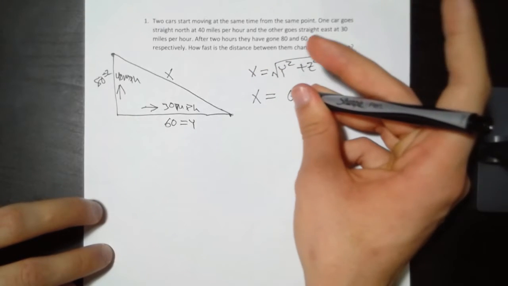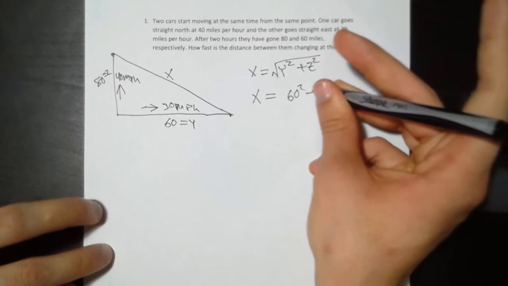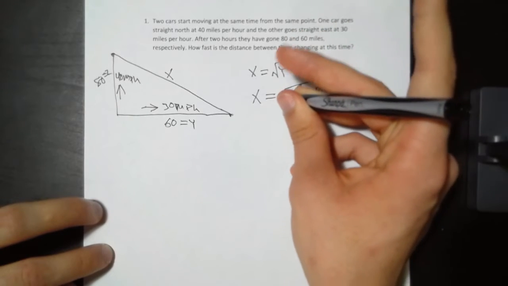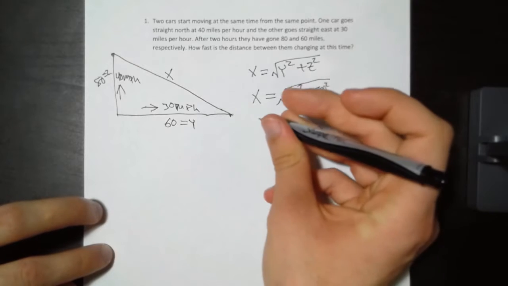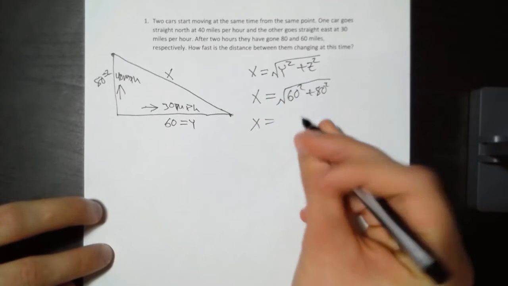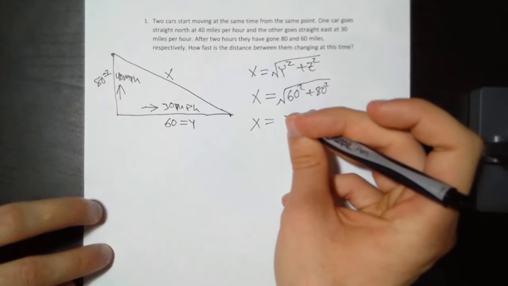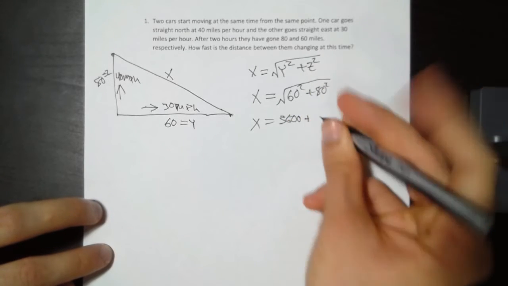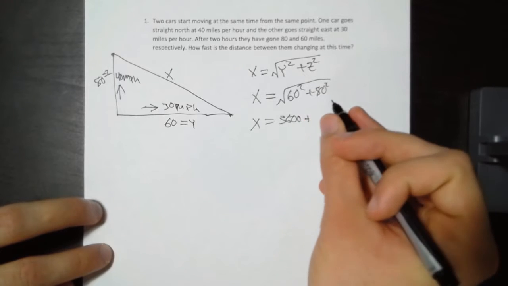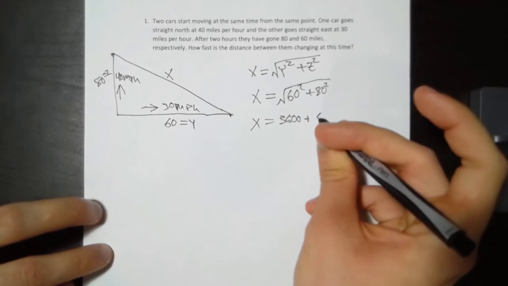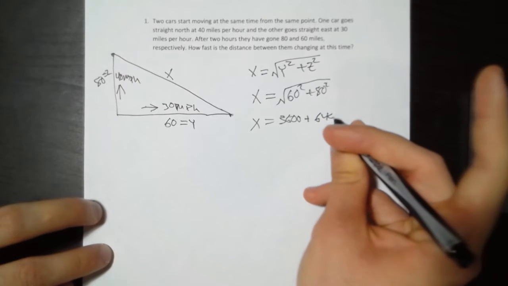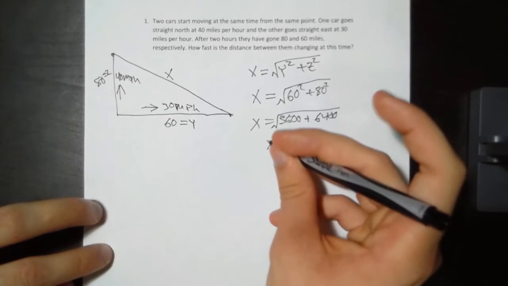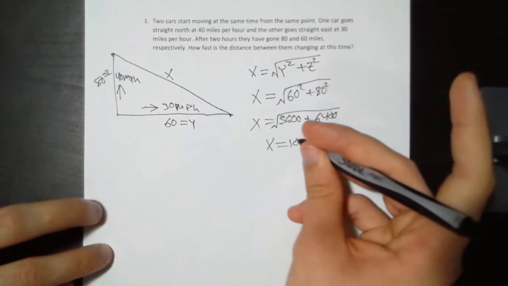So we have 60 squared plus 80 squared. So we have x equal to 60 squared is just 6 times 6 and add 2 zeros, so 3,600, plus 80 squared is just 8 times 8, add 2 zeros, 6,400. That's 10,000, taking the square root of that, and we have x equal to 100.